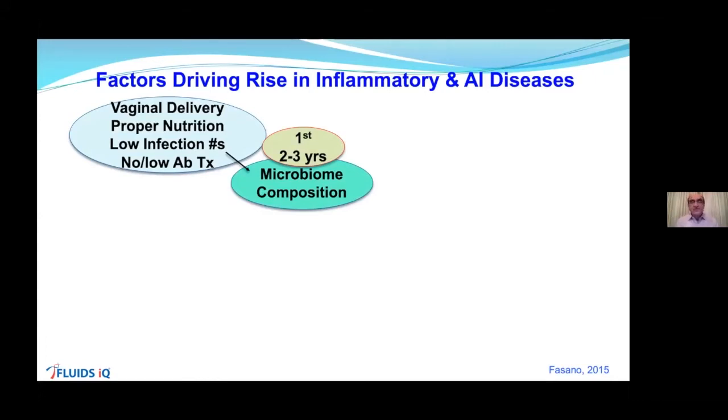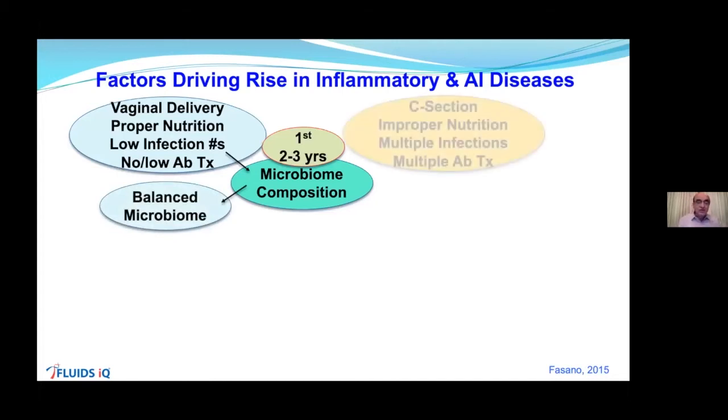if there has been a very low amount of infection, and with that, very low amounts of antibiotic therapy, definitely less than 2 times per year in the first 2 to 3 years, then the microbiome composition is going to be quite balanced. That first 2 or 3 years is critical.